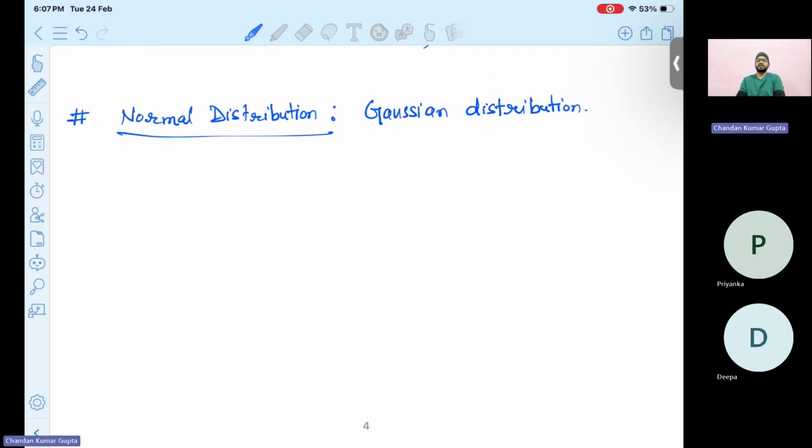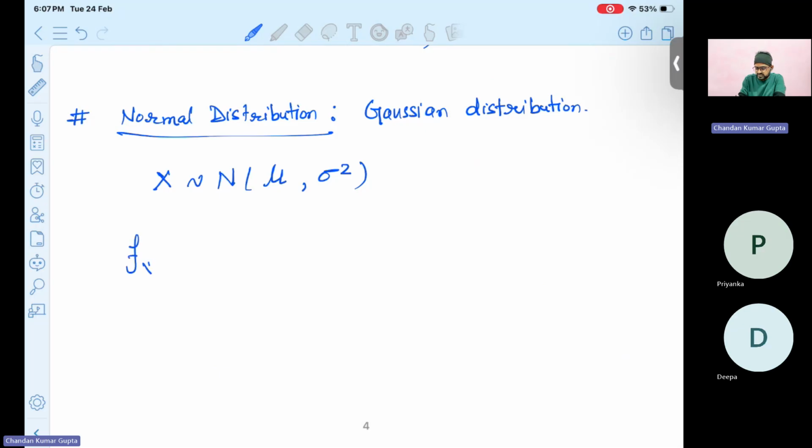Gauss used this distribution for error analysis purposes, so it is also known as the Gaussian distribution. Suppose X is a random variable which follows a normal distribution with parameters mu and sigma square. Then X is said to be a normally distributed random variable.